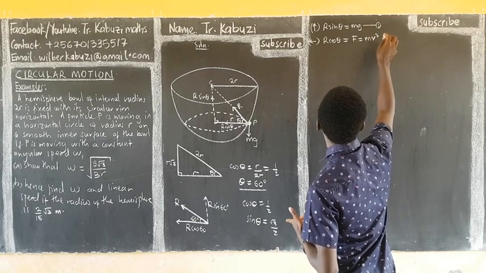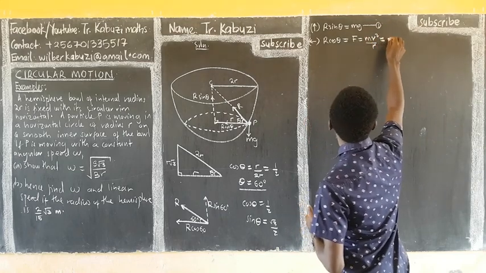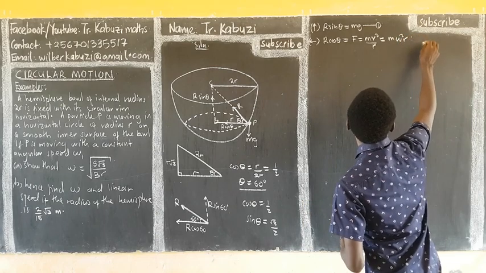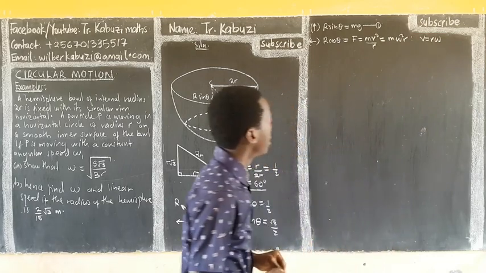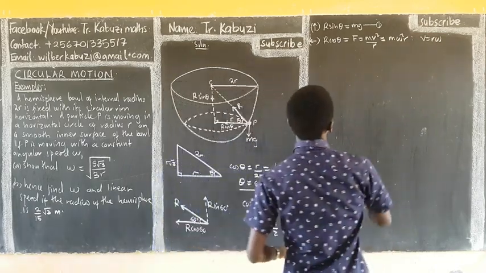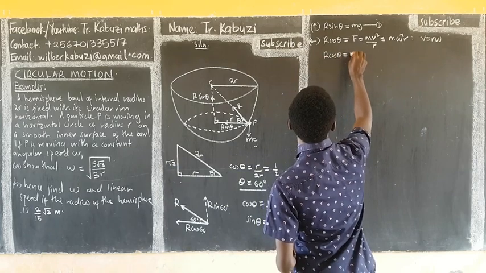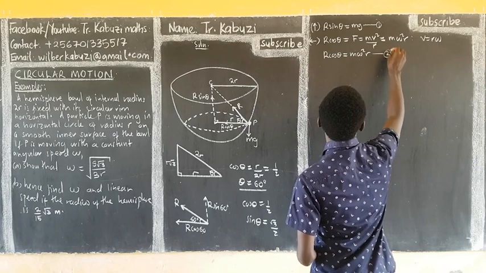Here they gave us the angular velocity, so this is equal to m omega squared r. Take note that v is equal to r omega. So from there, R cos theta is going to be m omega squared r, and I call this equation 2.